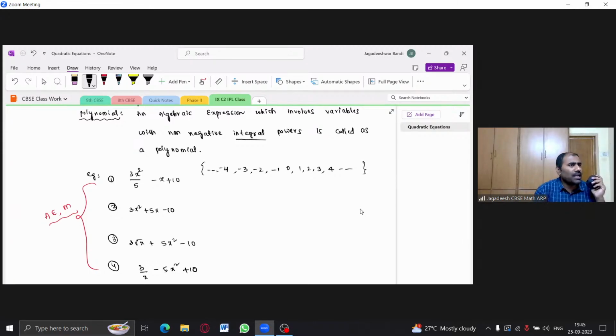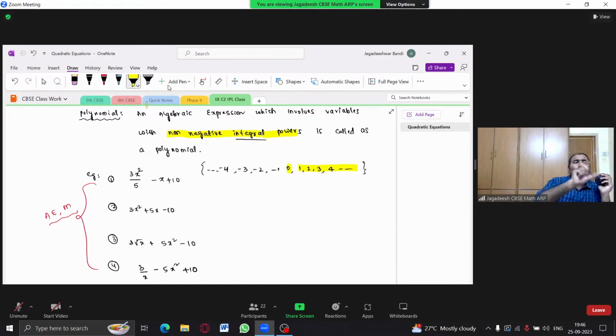Right, children? Both positive and negative including 0 are called integers. But in that we need non-negative integral powers only. Means, clearly positive, even it can have 0 also. Together they are called non-negative integers.